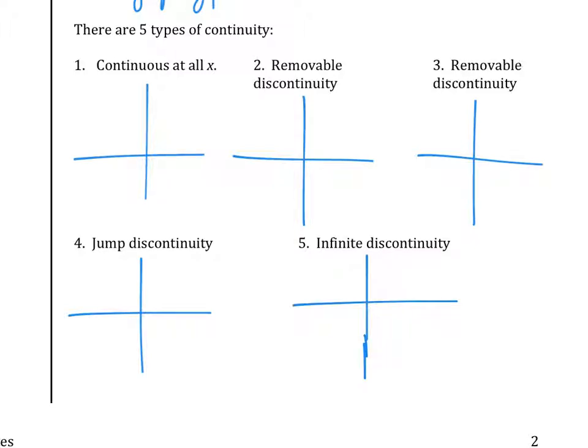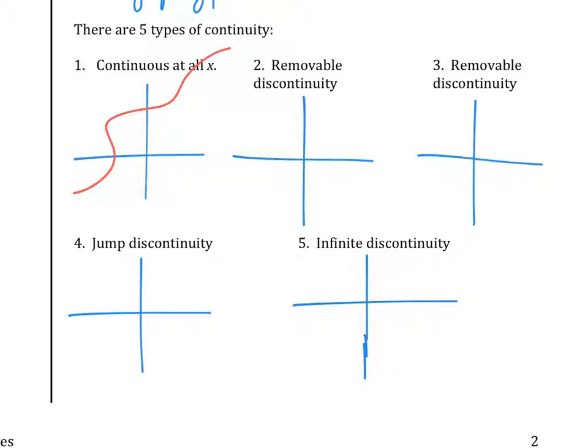So, continuous at all x, something like this. So I drew that whole graph with one pen stroke without lifting it up. So that is continuous.